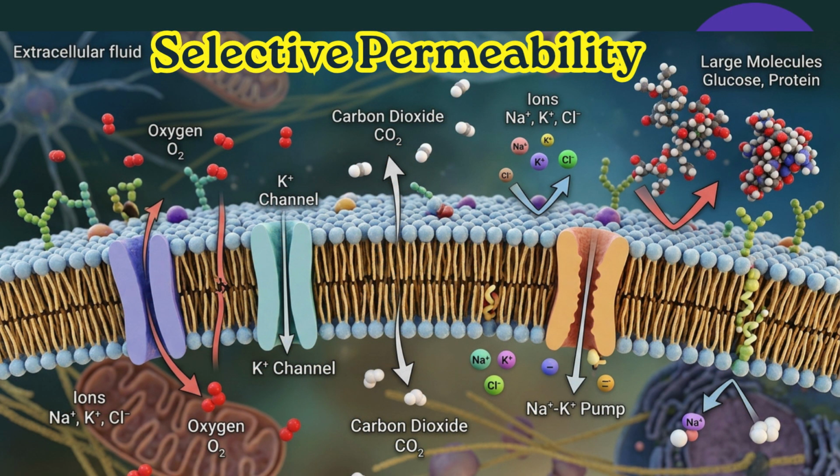The cell membrane is selectively permeable, meaning it allows some substances to pass through it while restricting other substances. Substances like carbon dioxide, water, and small lipid soluble molecules can pass easily, but the large molecules, most of the ions and polar substances cannot pass easily.